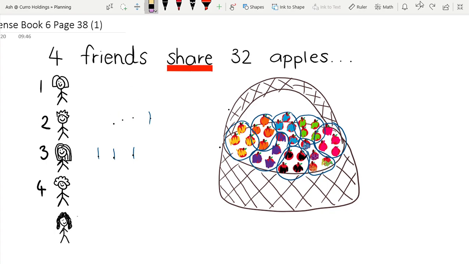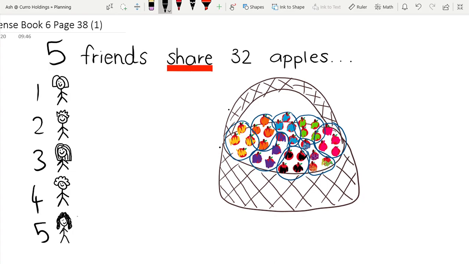So now we've got a 5th friend. So what will we do now? So remember our last sum, we grouped them in 4s. Okay, there's our 5 friends. And we had grouped them in 4s.